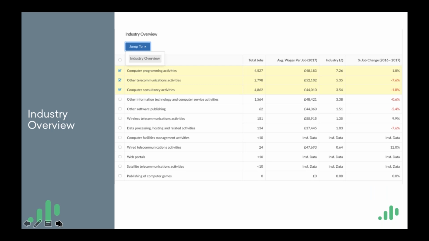What's interesting here is computer programming activities is at the top, with a projected 1.8% job change over the period we've set of 2016-17. So a slight increase, but we can see there's a slight decline within computer consultancy services of 1.8%, and quite a significant decline in other telecommunications activities. We're going to have a look at them overall.